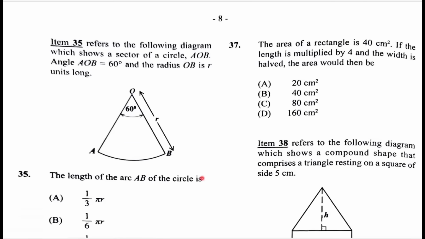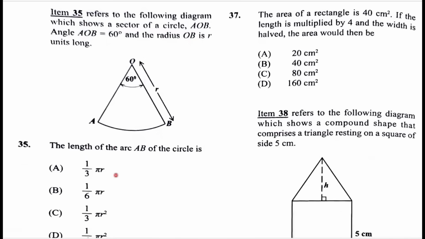So you're doing fairly good for time. 35 refers to the following diagram, which shows a sector of a circle AOB. Angle AOB is 60. Radius OB is R units. Length of the arc AB.